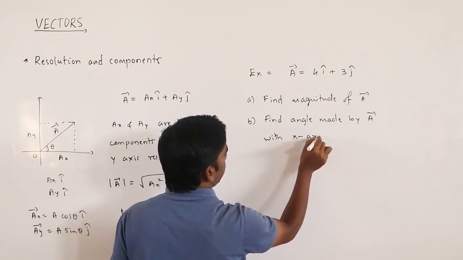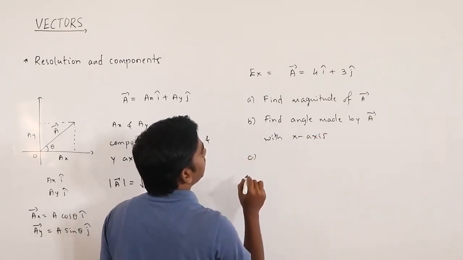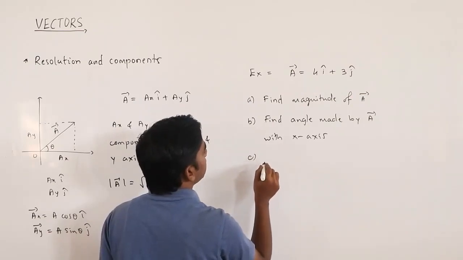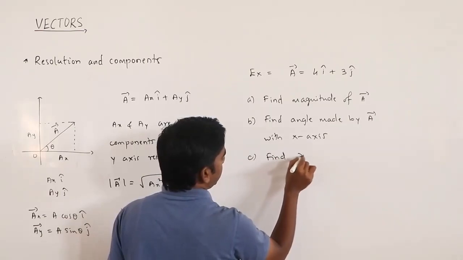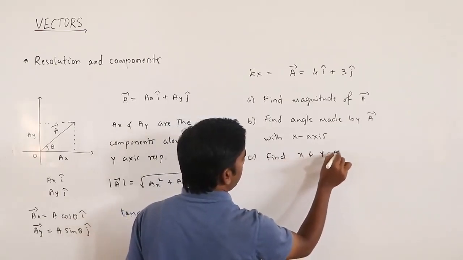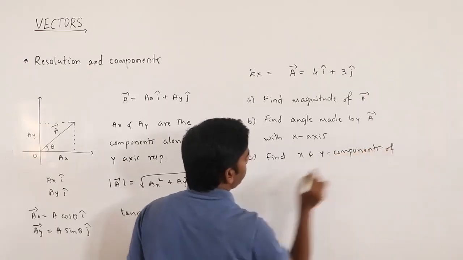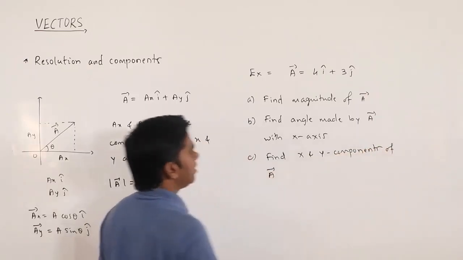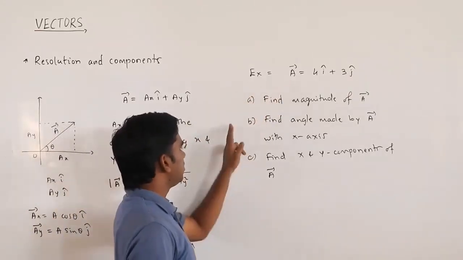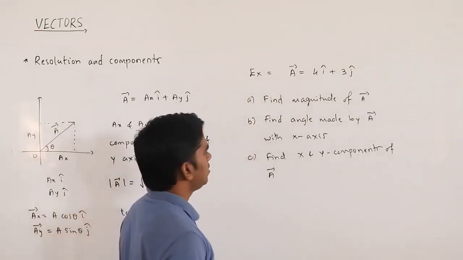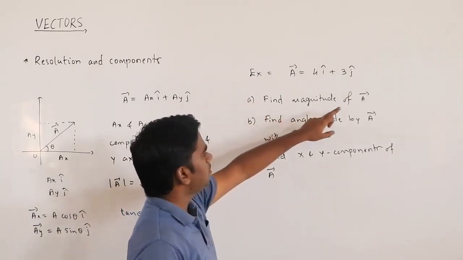And find the x and y components of vector A. So only this vector is given, and they are asking three questions. What is the first one? First one is find the magnitude of vector A.